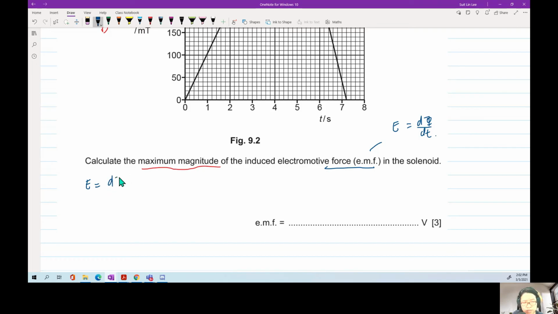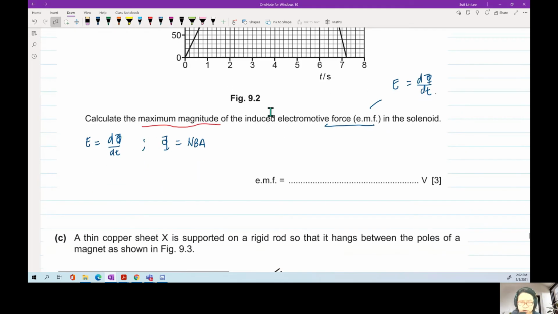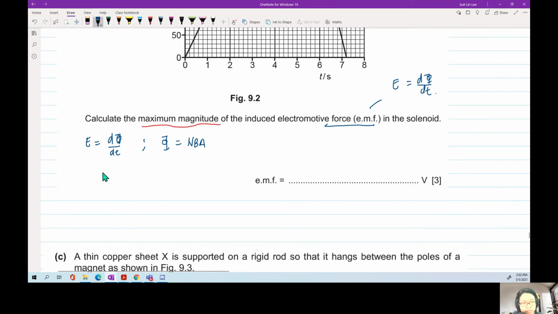E is equal to the flux dt. But from my understanding, flux is equal to NBA. Correct? So if flux is NBA, then E will be equal to d dt bracket NBA.